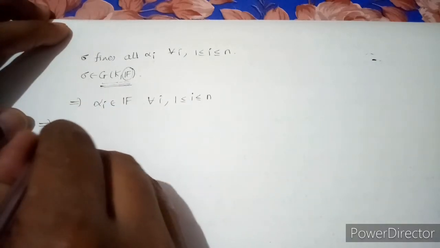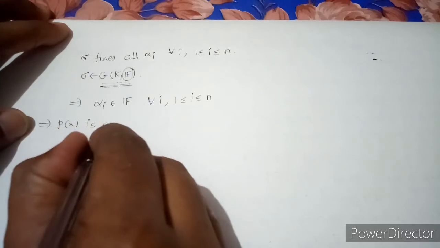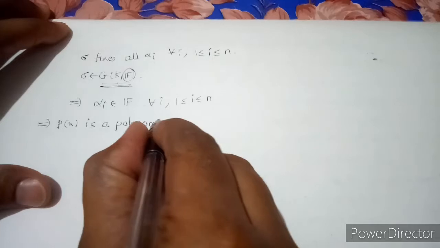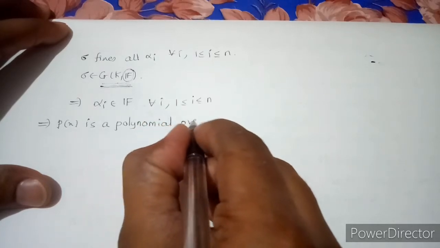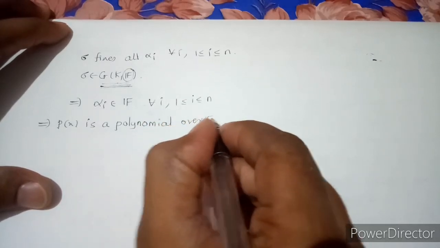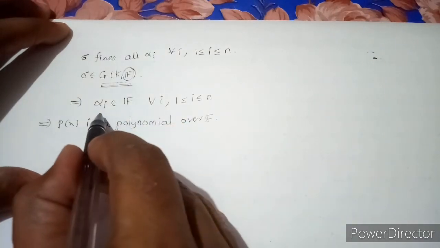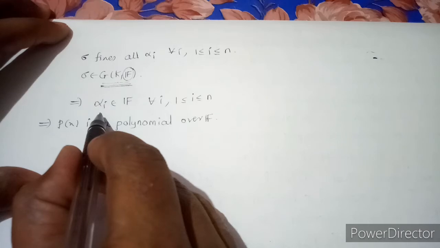This implies P of x is a polynomial over F, because alpha i are the coefficients of P of x.